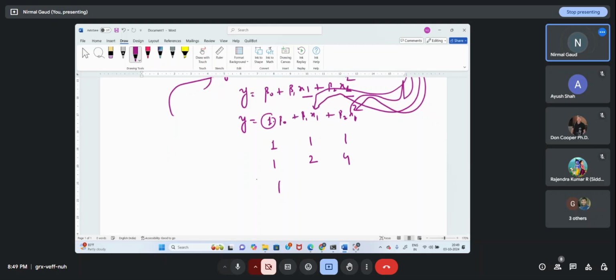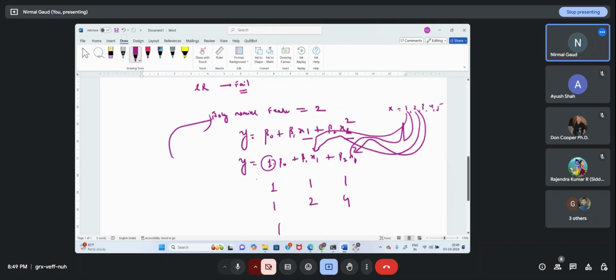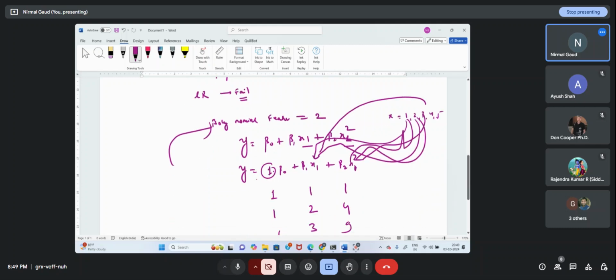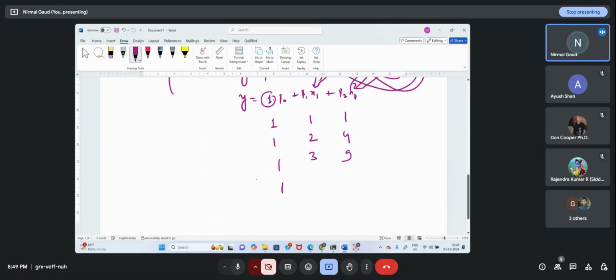Then 1 remains as it is. 3 will come here, so it will be 3. And 3 will come here, it will become 9. Same for 4 and 5. So 1, 4, 16, 1, 5, 25. Because a polynomial equation is created, you transformed your data into a polynomial equation. Okay, that's what you did.